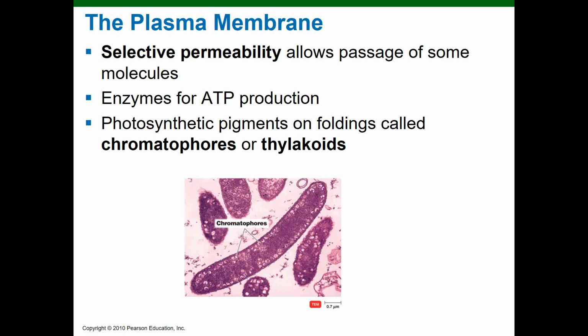Within the plasma membrane of bacterial cells, we find the molecular machinery, the enzymes that are required for producing ATP. In certain types of bacteria, we also find photosynthetic pigments on folds of the plasma membrane called chromatophores or thylakoids. It's a similar term used to describe components of the chloroplast.